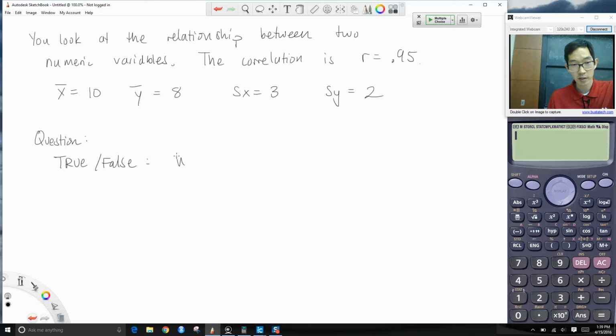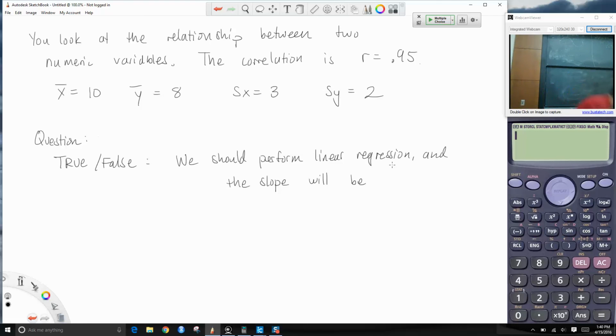We should perform linear regression, and the slope will be, oh dear, I need a calculator. 0.6333. So true will be A and B will be false.